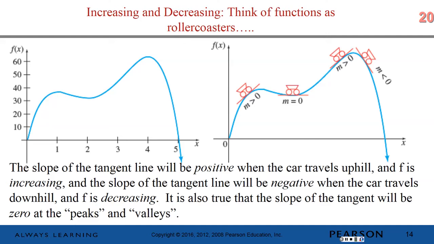It has a critical point at about (1, 37). That's that first peak. That's where its derivative is going to be equal to 0, because its rate of change went from positive to negative, so for just an instant it was 0. So that's a critical point on that function.